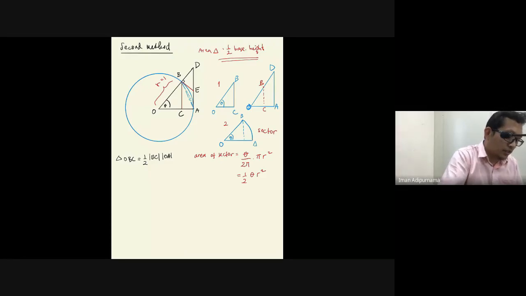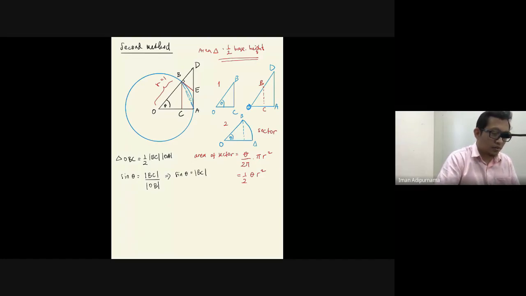We know from our previous work that sine theta is BC over OB. So we can conclude that sine theta is just BC, and OA is also the radius, r equals 1. So this triangle OBC will be half sine theta.